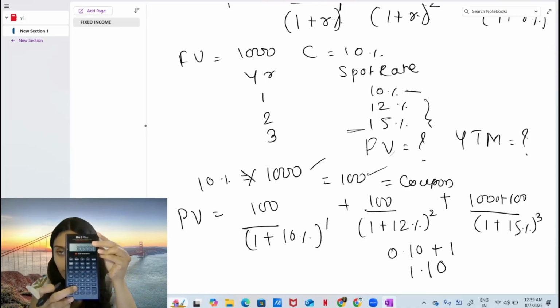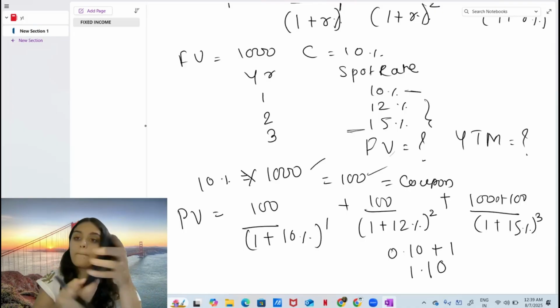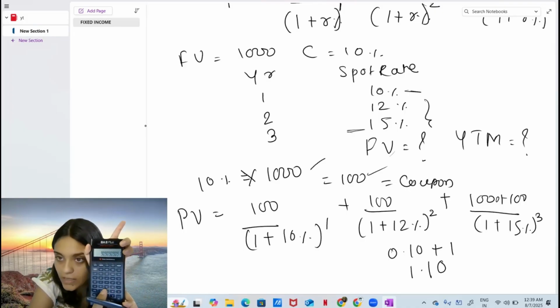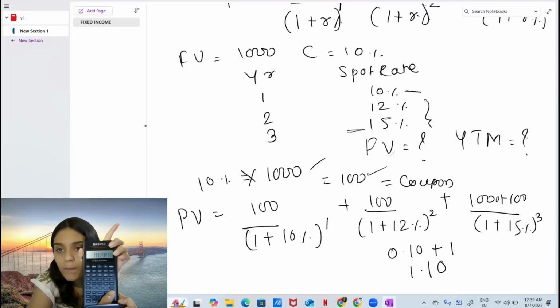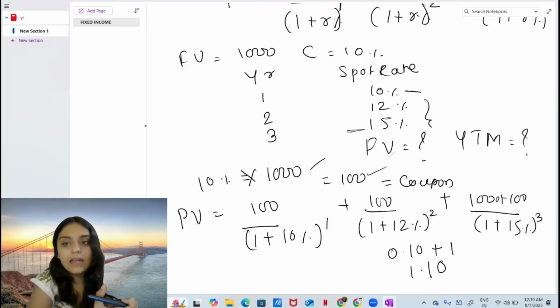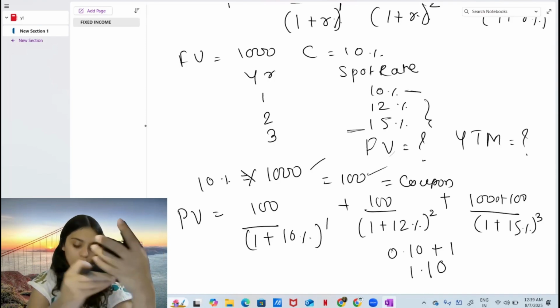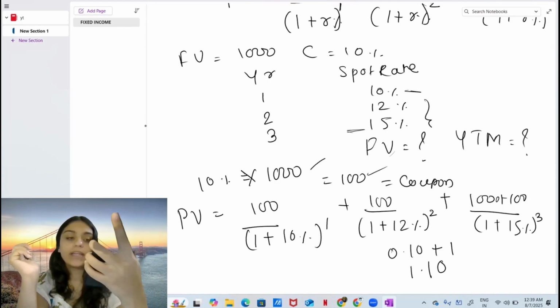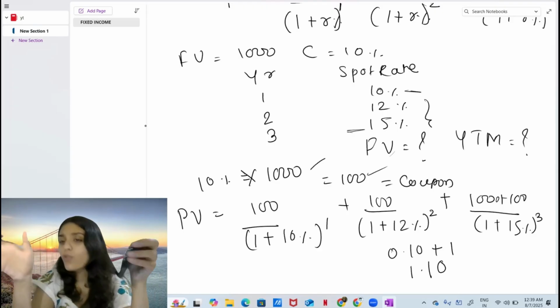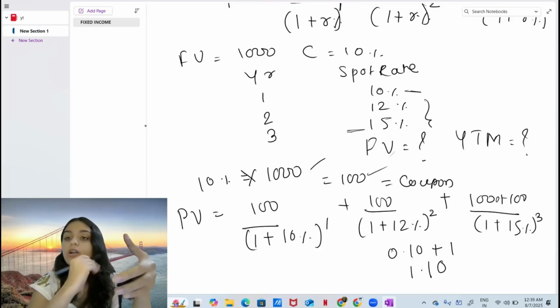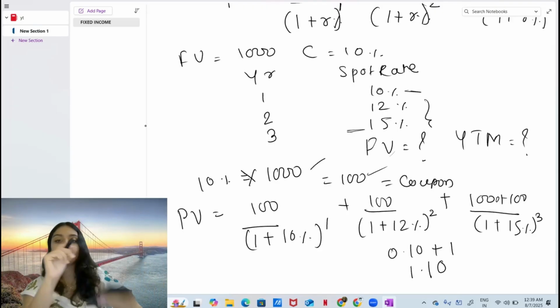So recall 1 plus, then again recall 2, then plus, then again recall 3 is equal to 893.89. So 894-ish is your present value.